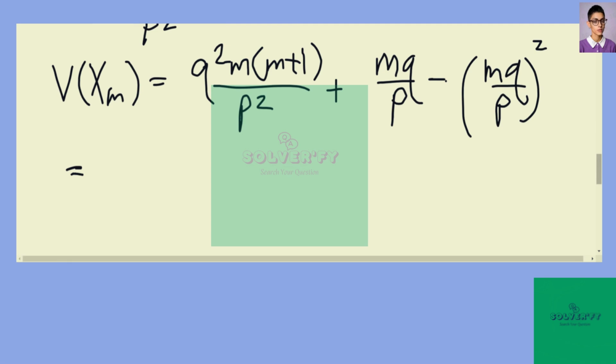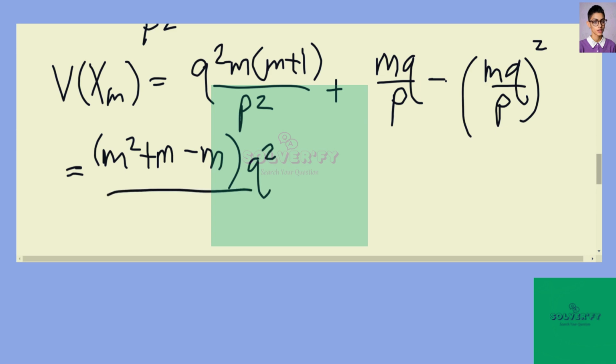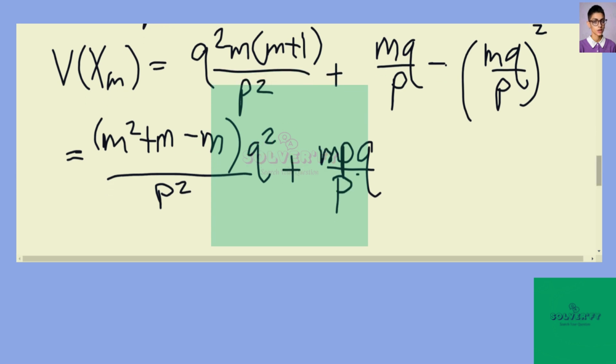This is equal to, I could simply factor this out, so we have m squared plus m minus m times q squared over p squared, plus m p q over p squared.